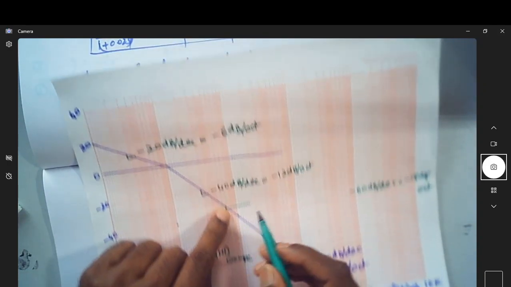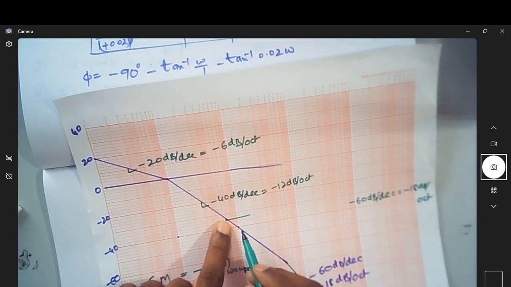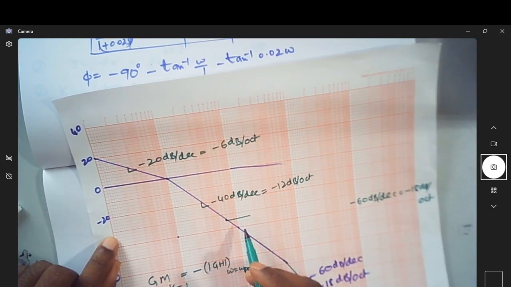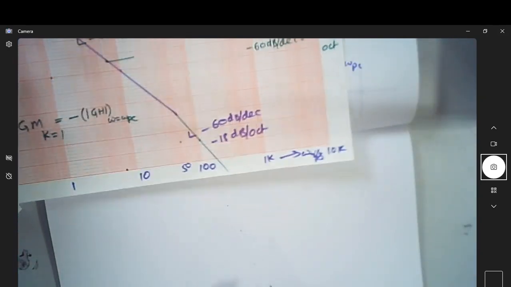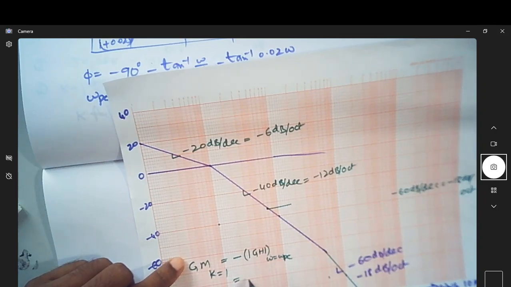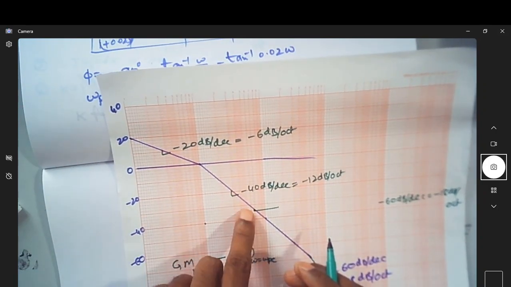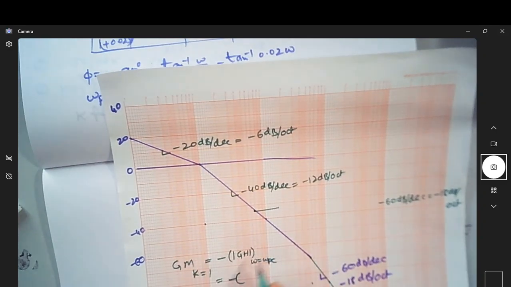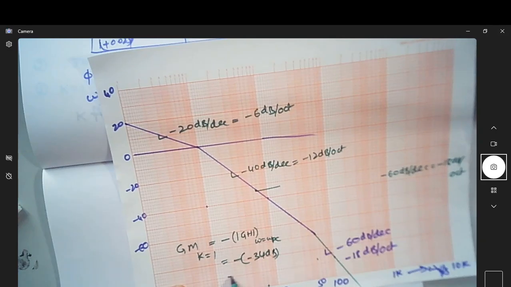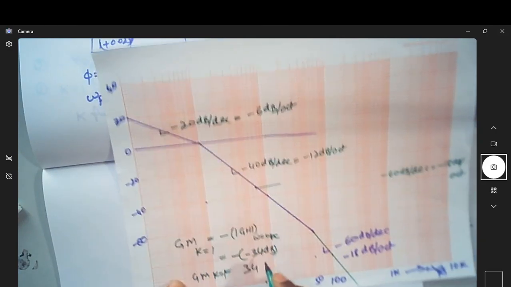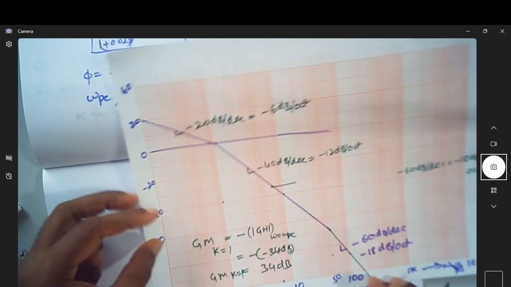At this point, how much is the gain? The gain here is, this is 30, 32, 34. So it's actually minus 34. At 30, it came down by 2 divisions, so it is minus 34 dB. So gain margin with k equal to 1 is actually 34 dB.